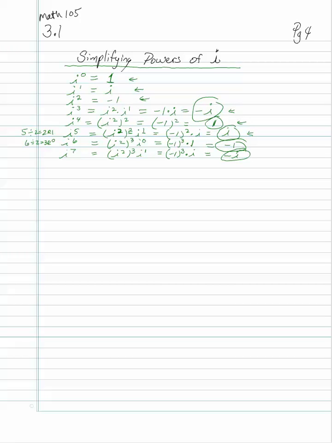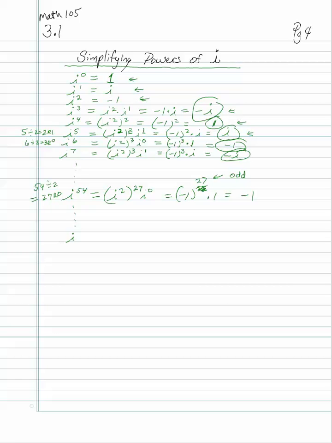Okay? So if I want to do i to the 54, I'm going to do i squared, 54 divided by 2 equals 27, remainder 0, which equals negative 1 to the 27 times 1. So if you have negative 1 to an odd power, that's just negative 1. If you have negative 1 to an even power, that would be positive 1.